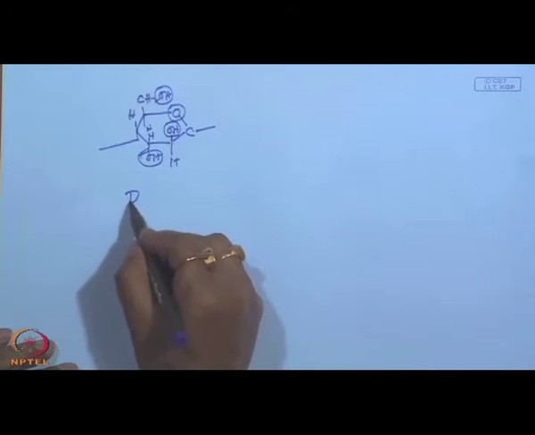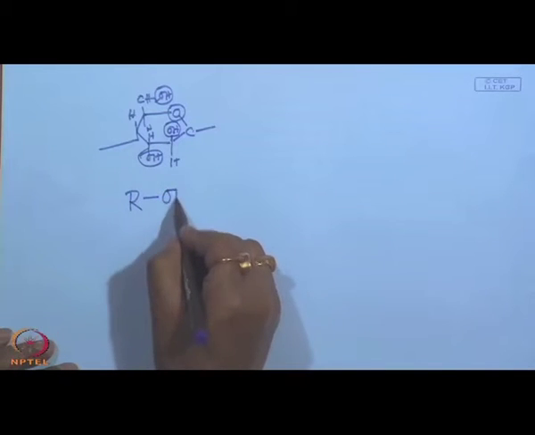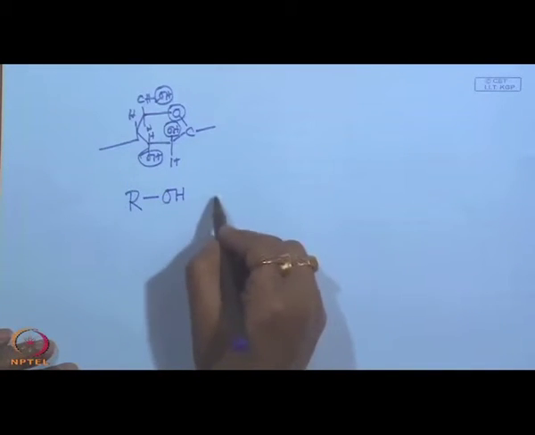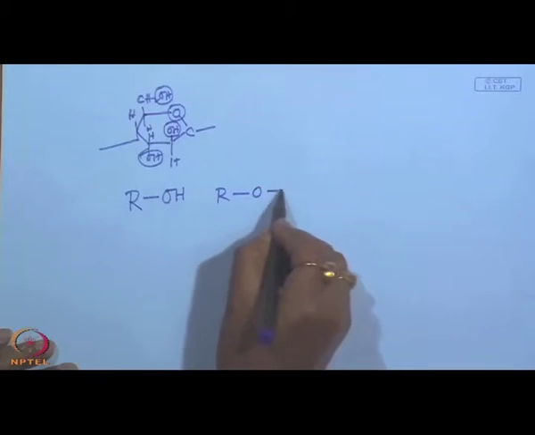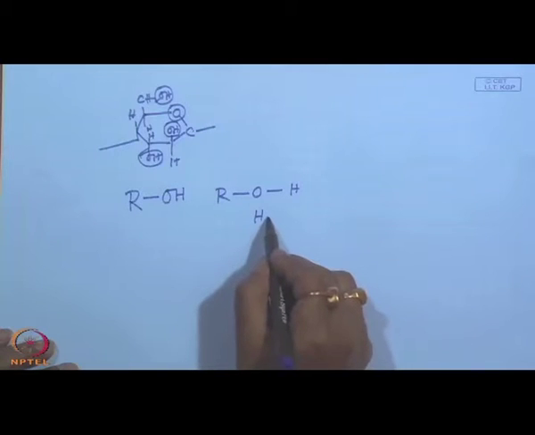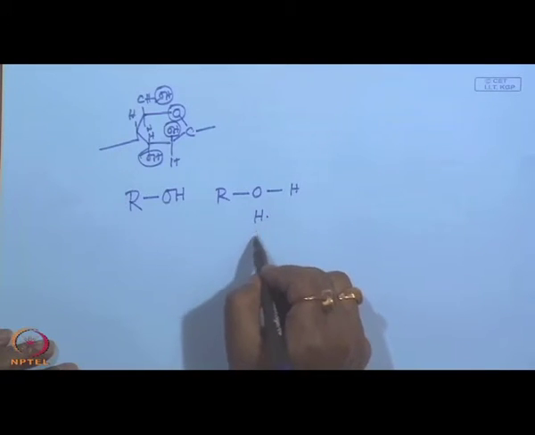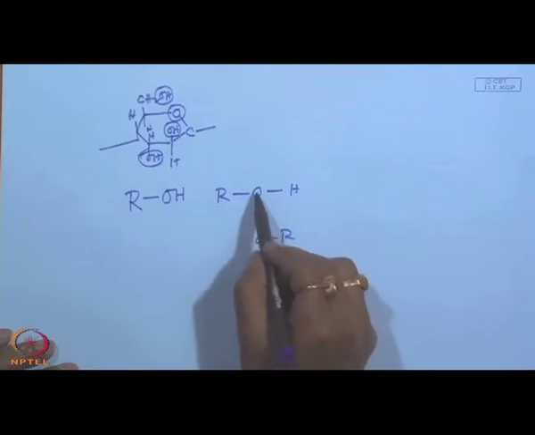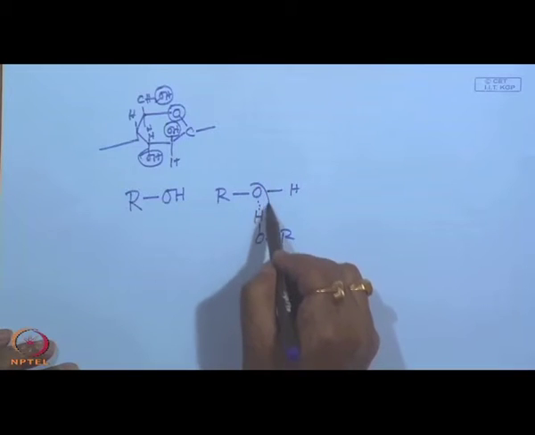So, if we represent this cellulose as ROH, now this ROH you can write the other way, OH, and another ROH can be written this way. So, this oxygen and hydrogen can initiate this hydrogen bond.